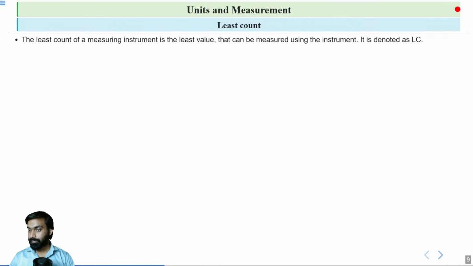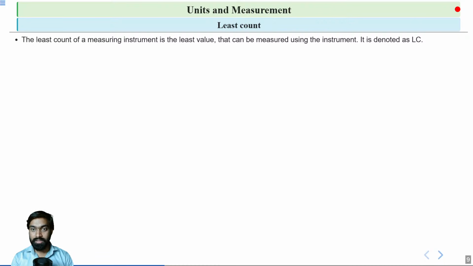Now, least count. Least count refers to the smallest and most accurate value that can be measured by any measuring instrument. It indicates the precision of the instrument. Let's understand in simple terms. Every measurement tool has some markings.